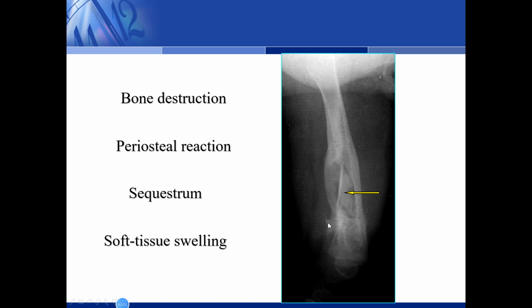Here is the periosteal reaction. Sequestration is in the bone destruction. In the bone destruction, there is high density bone, so we call it sequestration. And soft tissue swelling we can also see.